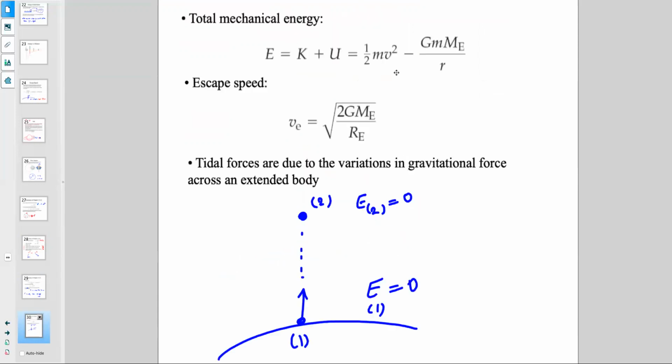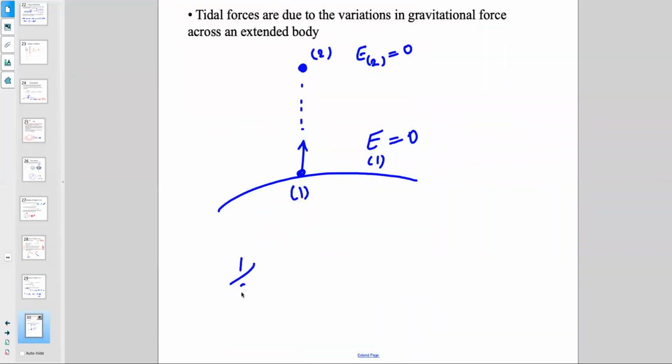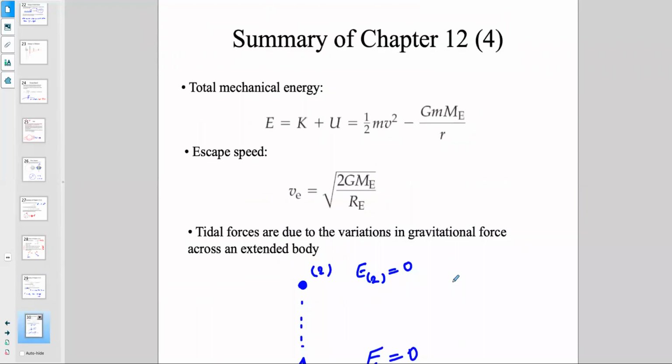So if you do that, you have to set this equation equal to 0. So E, which is half m v squared minus G m_E m over R, should be 0, okay?